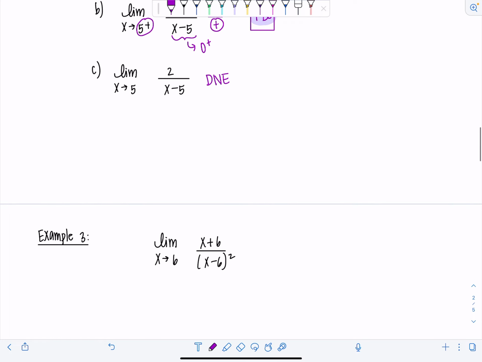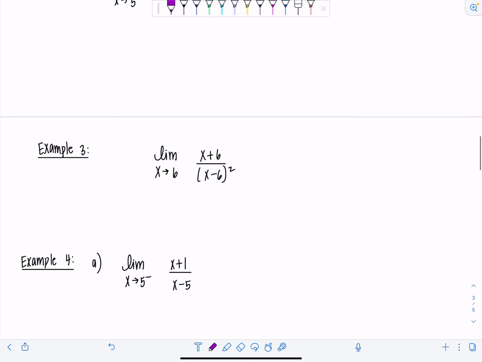Okay. A little bit of a different twist here. We have the limit as x approaches 6 of x plus 6 over x minus 6 squared. Notice in this case, it's a two-sided limit. I'm not saying whether or not we're approaching from the left or right side of 6. So we're going to have to think about that.